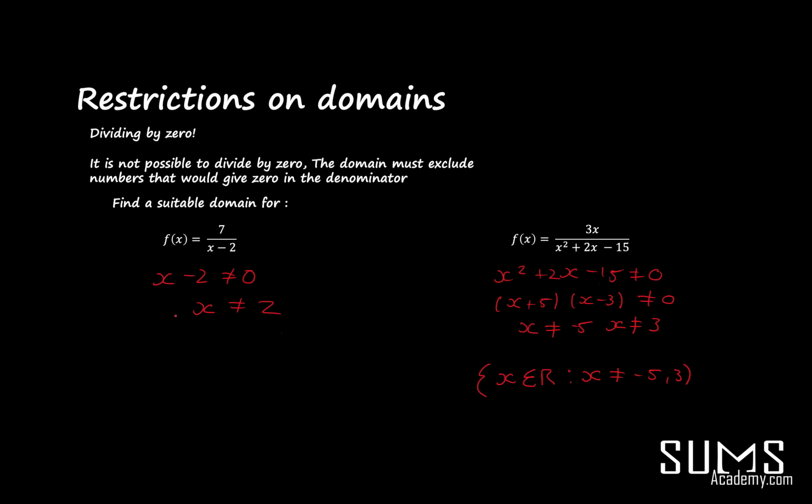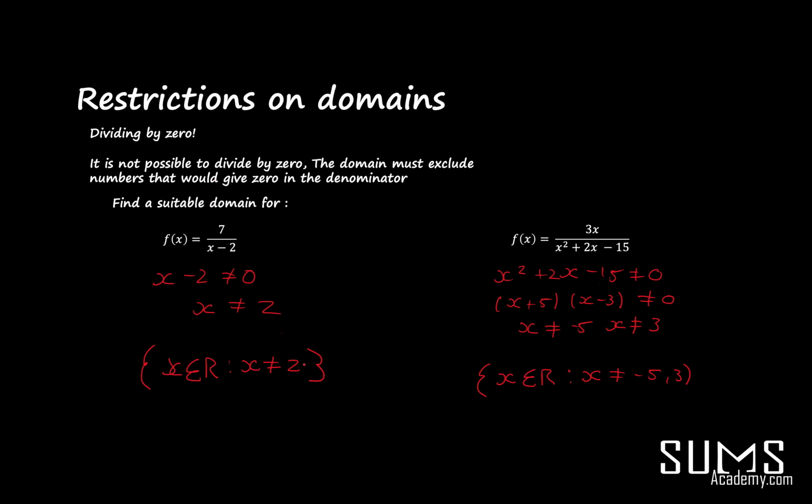And then you do the same for this one over here: x is a set of real numbers where x cannot be equal to 2. That would be the statements you wanted to make there.